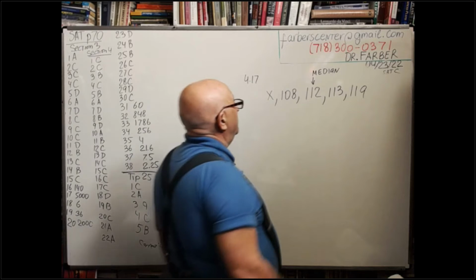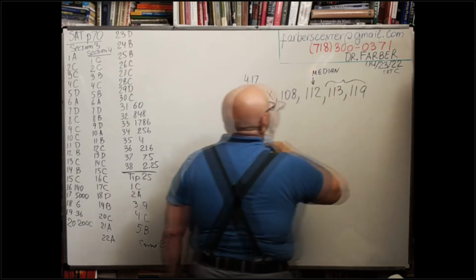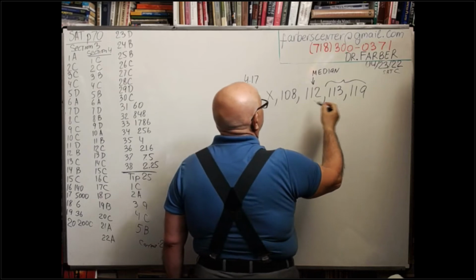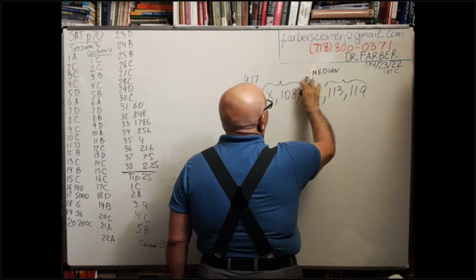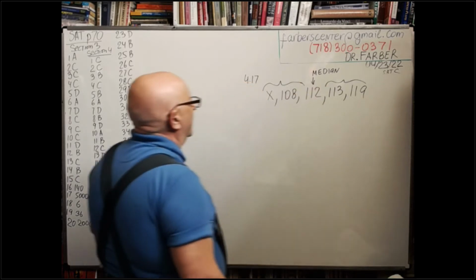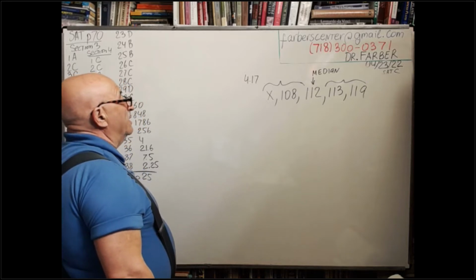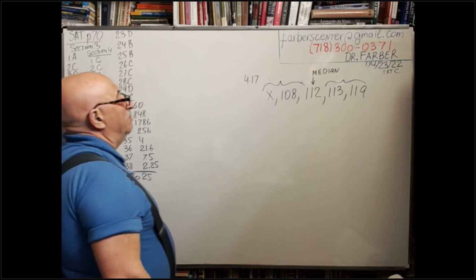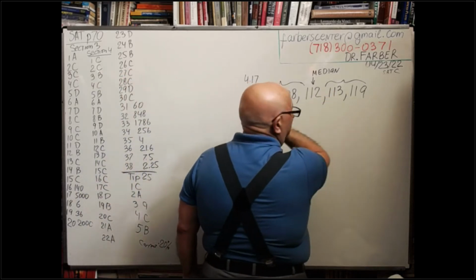So if this median we have is the middle number, right? Since we have an odd number of numbers, we have numbers to the left and to the right of this 112. And x cannot exceed 112, because if it exceeds 112, it would be over there, and it would not be the median.